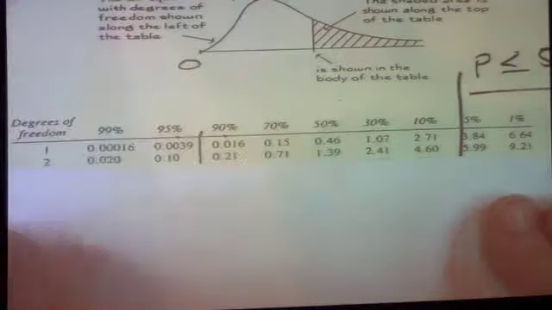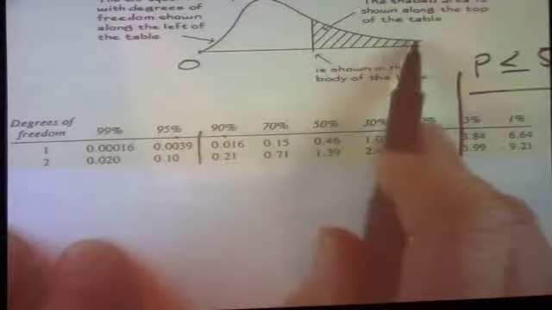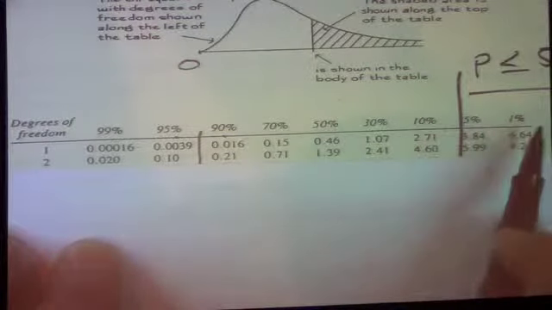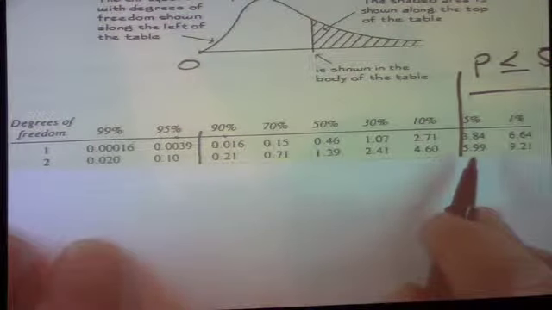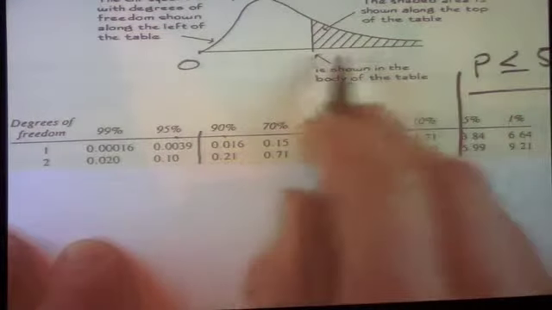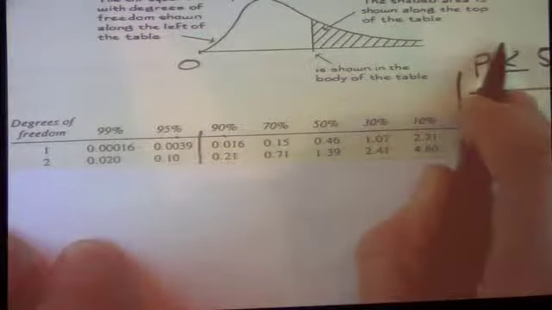And we want to see how far out it is. Remember, we reject the null at 5% or less. So we only need a chi-square of 5.99, and we could reject the null. We are so far out. 5.99 is probably right here. Where are we? What is it, 58?